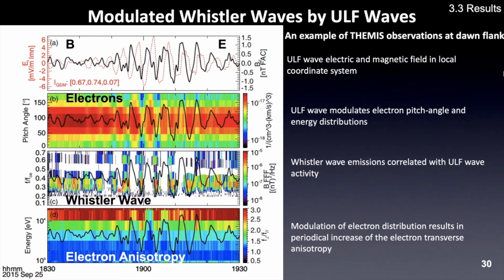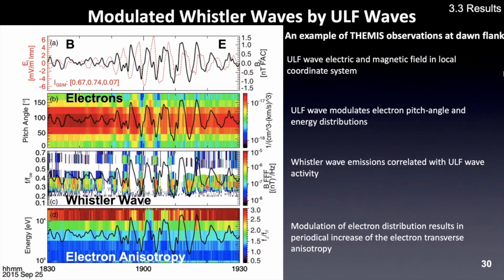As a result, we see the Whistler waves periodically showing up, on and off, according to different phases with respect to this ULF wave magnetic field fluctuation. So that's the process we wanted to understand.